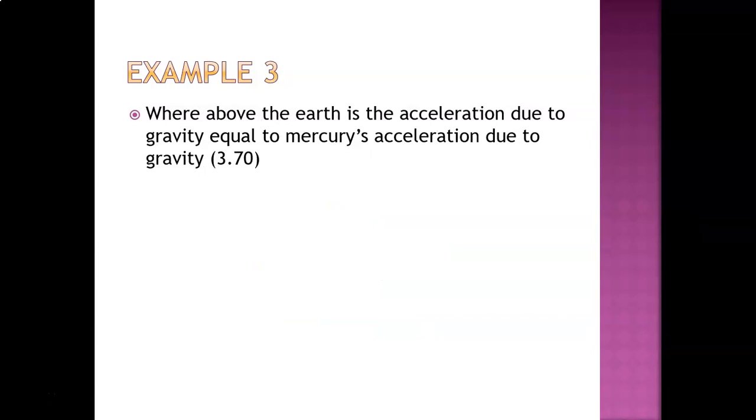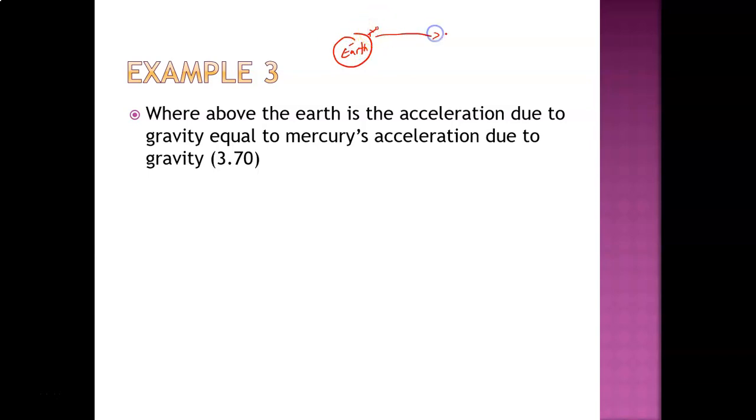Number 3 here. How far above the Earth would we need to be in order for us to have a gravitational field strength equal to the surface of Mercury? Now, this is an interesting idea, but if we think about it, here we are on Earth, and here it's 9.81.